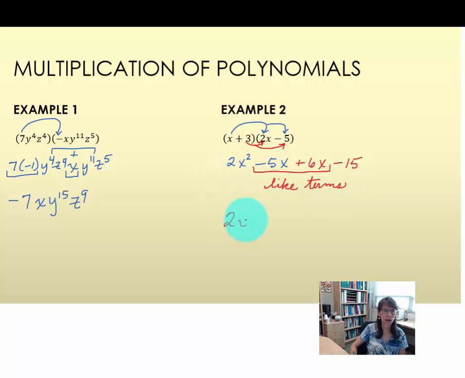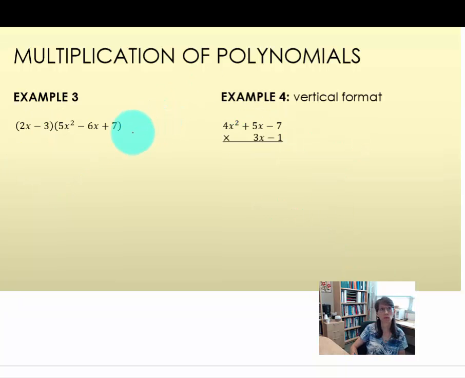So I have 2x squared as my first term. Negative 5 plus 6 leaves positive x, and the last term is minus 15. So when I multiplied those binomials, I ended up with 3 terms for my polynomial answer.